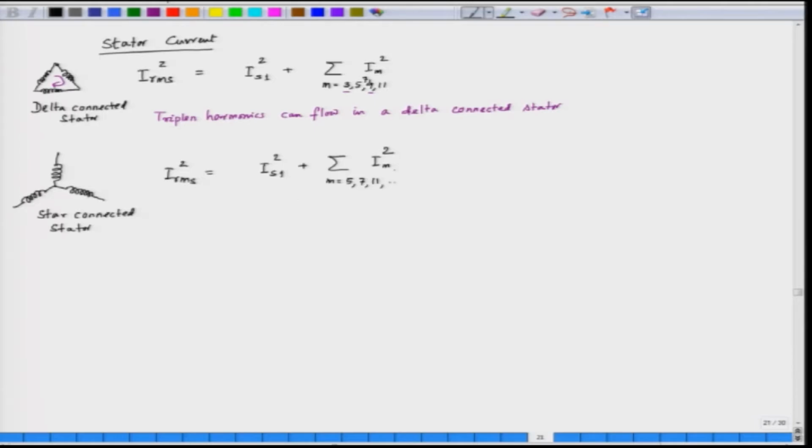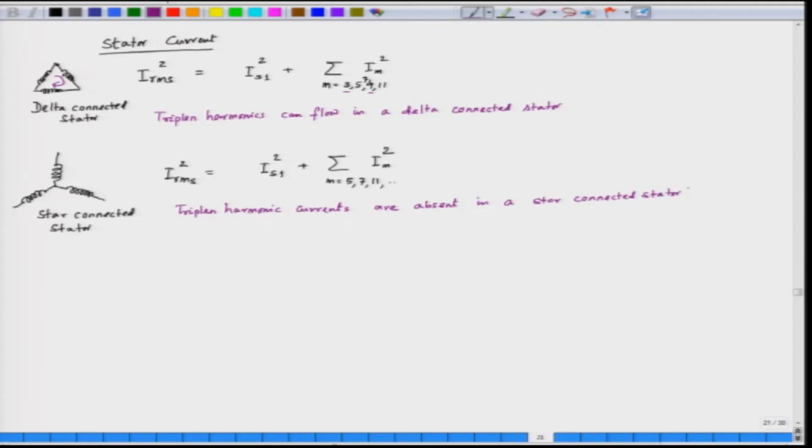The triplen harmonic currents are absent in a star connected stator.